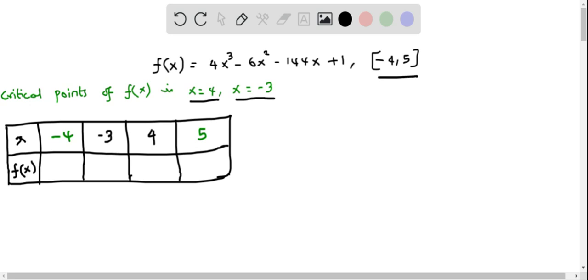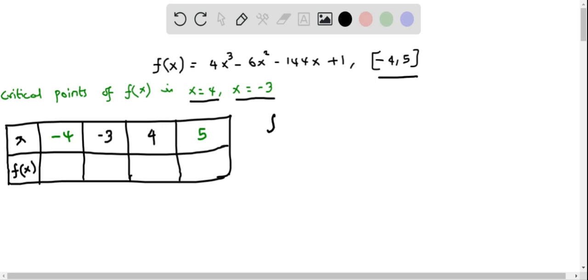That is why I have included them in this table. So we have to complete this table. For that we have to find the function values for each of the x values in the table. That is, we have to determine the function value at the endpoints as well as at the critical points.